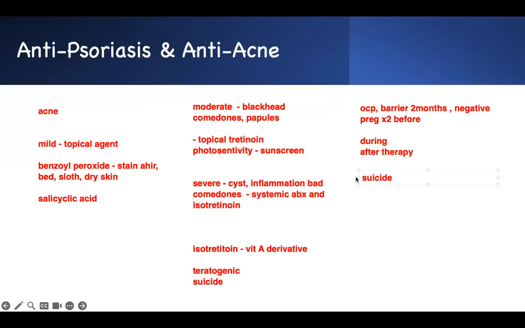So you got to observe them, ask them screening questions about their mood, so that you make sure they're not depressed. So that is key for this medication. There are other side effects too that you should know about this. It causes liver toxicity.